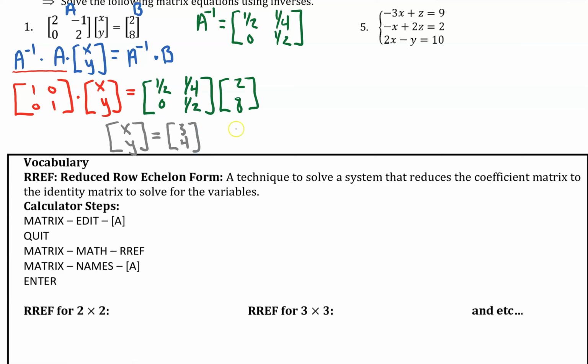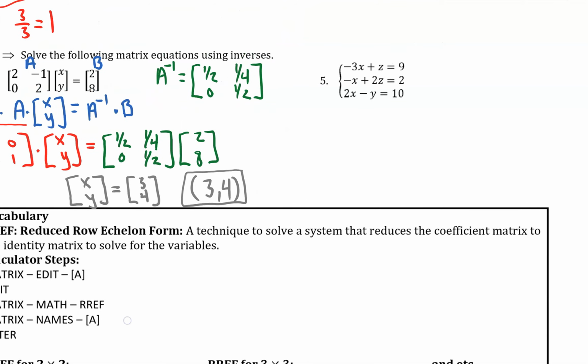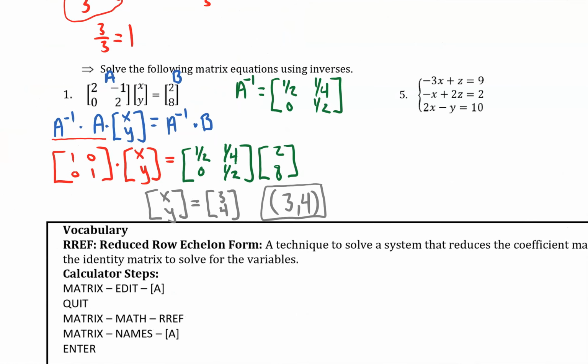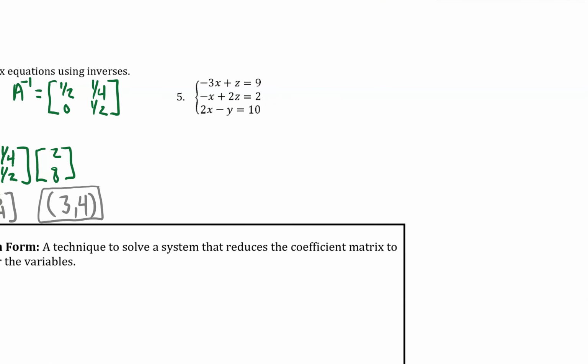So it's telling me then that the answer to this one is 3, 4. That's basically what you're trying to accomplish here when you do this. Now, we don't necessarily write everything out or do all that. If you're going to use this A inverse B, then that's how we would work it. So let's take a look at this next problem, and we'll try to apply what we were just talking about.